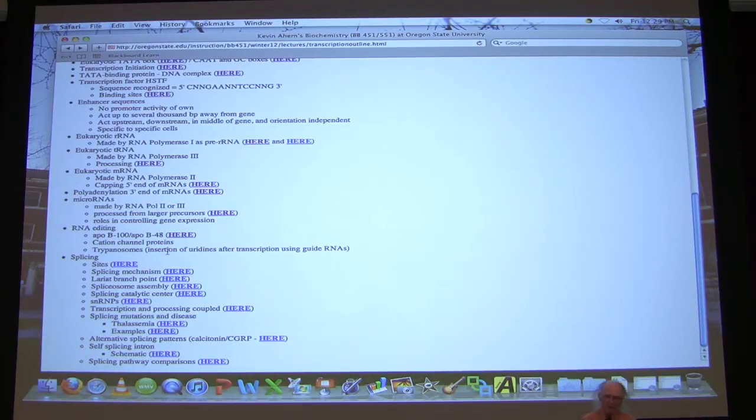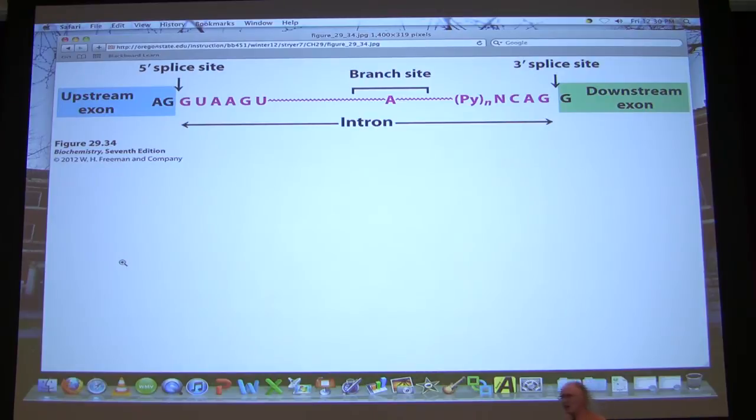The last thing I want to talk about with respect to alteration of RNAs is something else that's pretty much unique to eukaryotes. There are only one or two very minor examples in prokaryotes. So for our purposes, we're going to say that splicing is a phenomenon that only occurs in eukaryotes. Splicing is an alteration of a messenger or of an RNA.